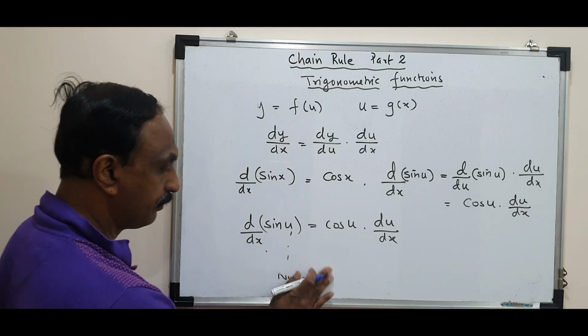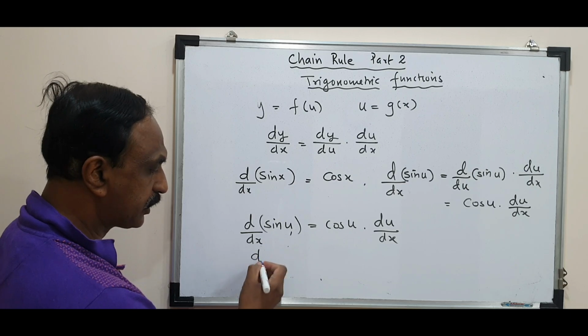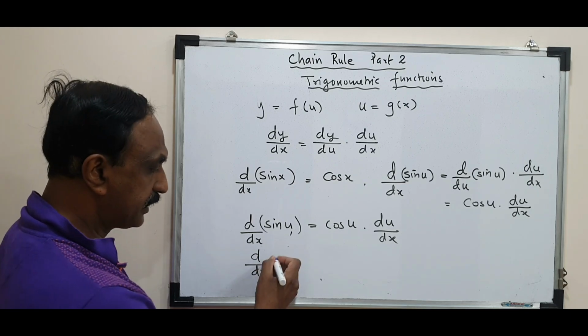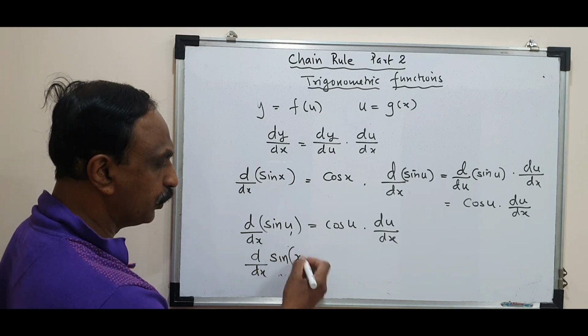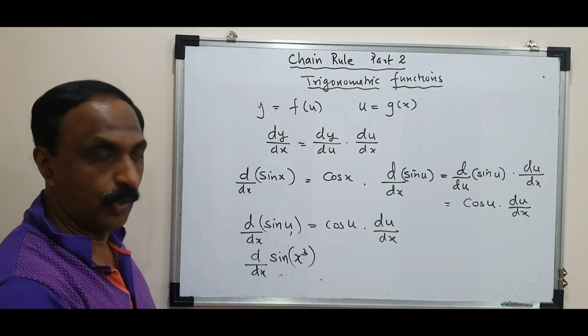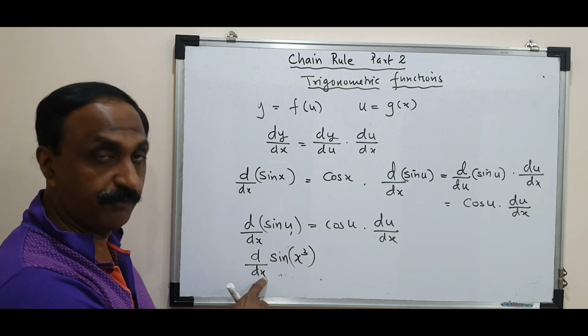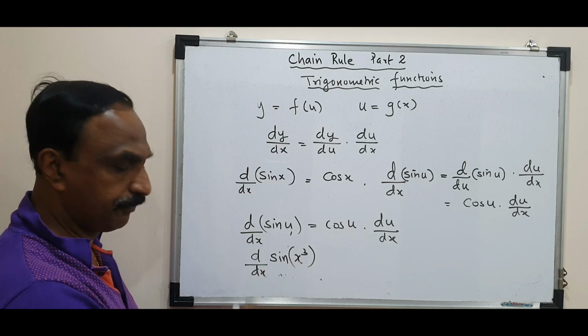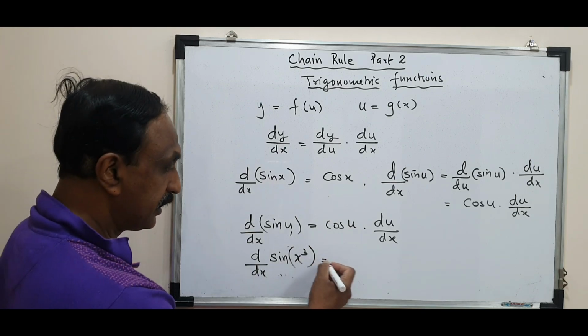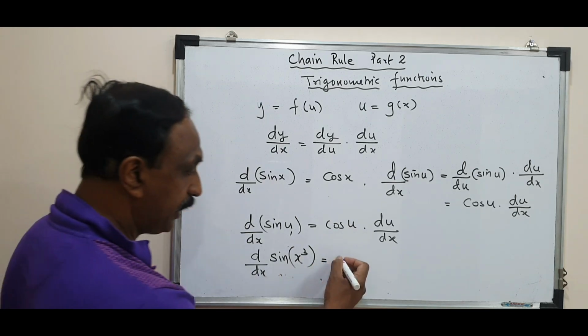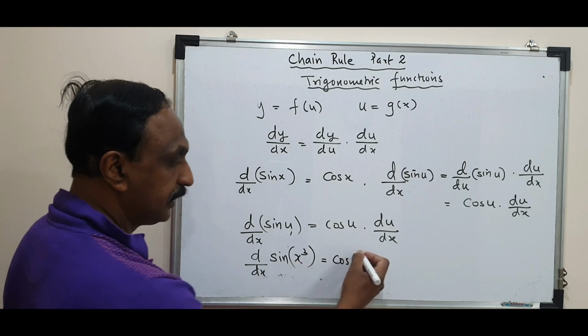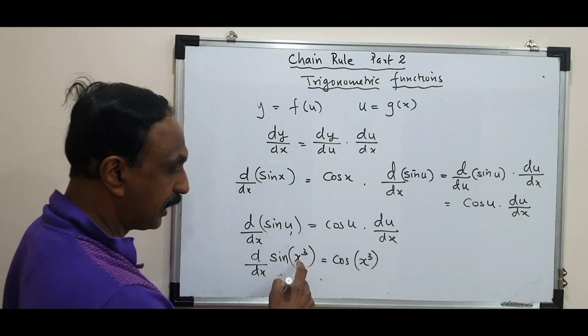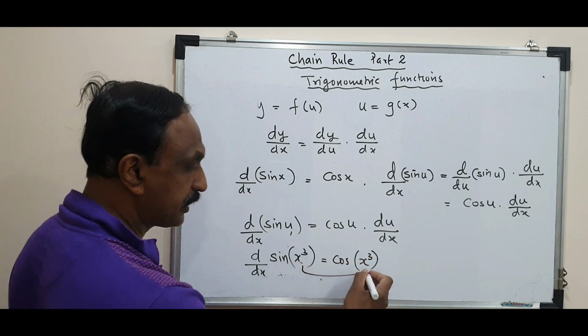Let's have a look at this. d by dx of, let's say, sine of x cube. What is the angle here? X cube. Variable of differentiation? X. Not same. So you should say, when you differentiate sine, it changes to cos. The angle part remains the same, no change.